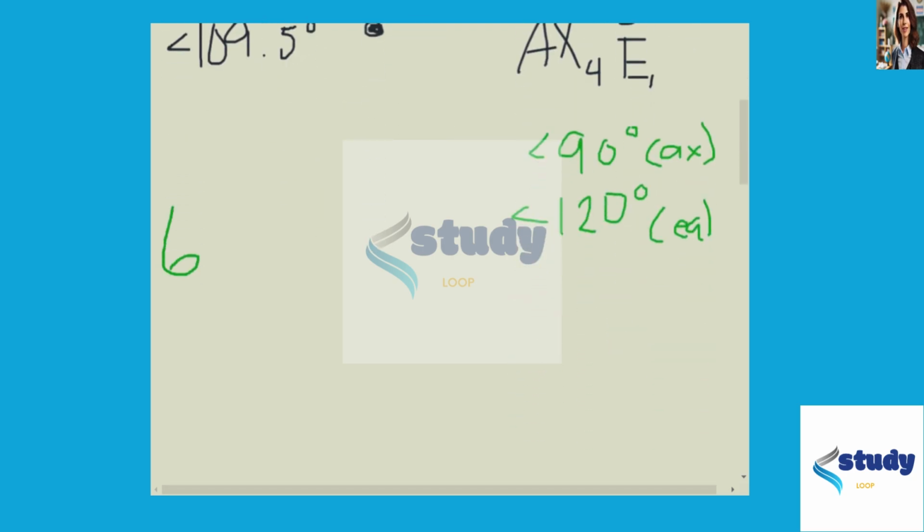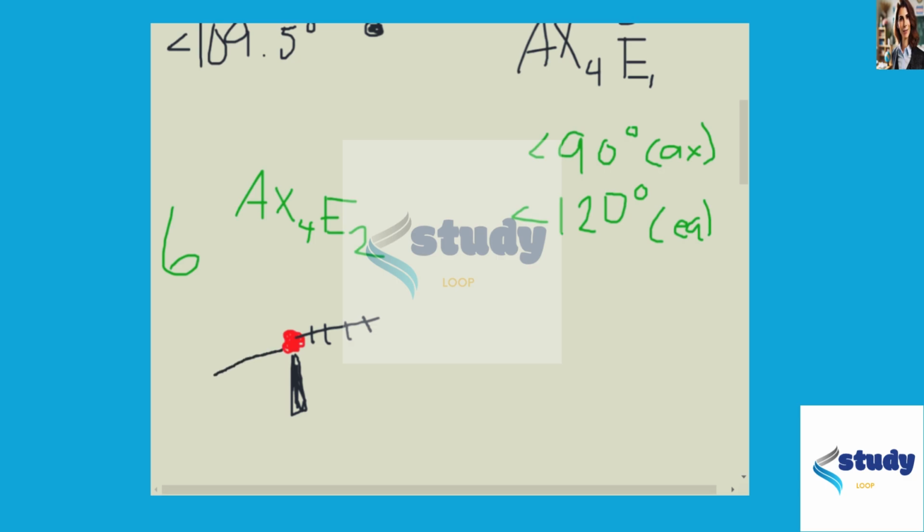All right, and so for 6, I use the formula for AX4E2. So for this one, gonna have a center. It's gonna go this way. Gonna have something coming out in front. Actually, that's gonna go back.